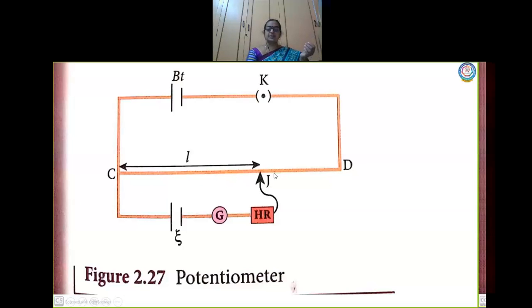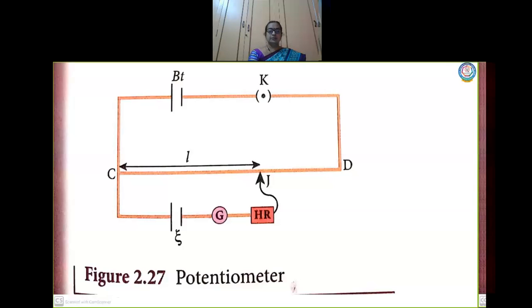As far as the meter bridge and potentiometer are concerned, you cannot start the experiment unless your connections are correct. You have to check for opposite side deflections in the galvanometer, then you can proceed with the experiment. Is it clear, ma?